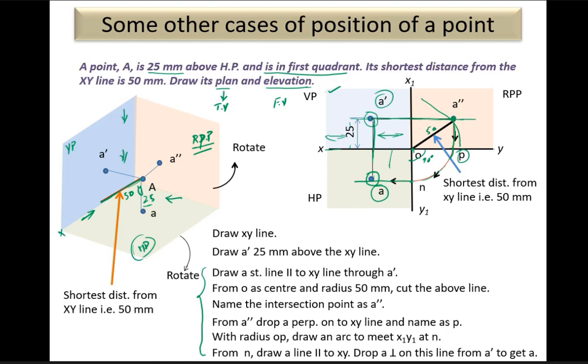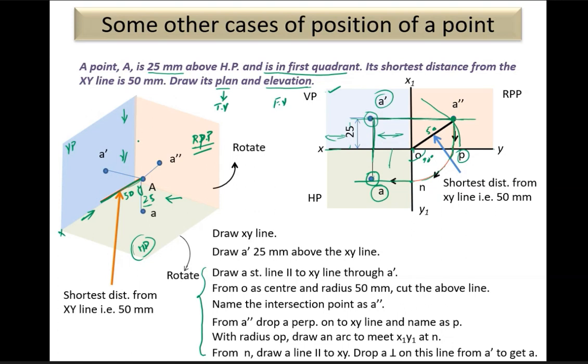Since we have already discussed this type of case, coming back to a question which one of the students asked: sir, can we have the right profile plane in the second, third or fourth quadrant? My answer is yes, we can have the right profile plane in the second, third, and fourth quadrant, but the opening will be a little bit different in that case.